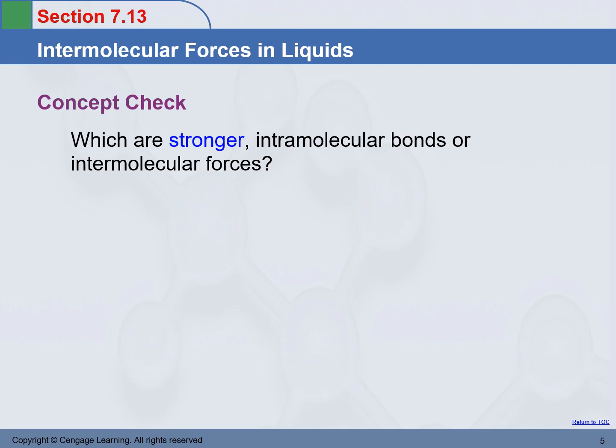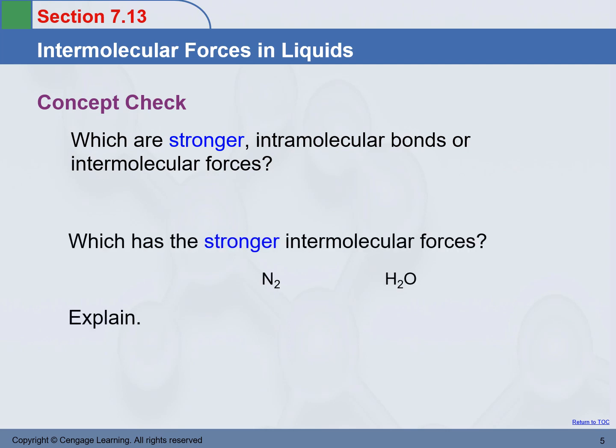Concept check: which are stronger, intramolecular bonds or intermolecular forces? Well, we did this at the beginning of the last episode. Intermolecular forces are weaker compared with intramolecular bonds. Those are chemical bonds. If you heat a liquid to boil it, the intermolecular forces are overcome, but the chemical bonds are not broken.